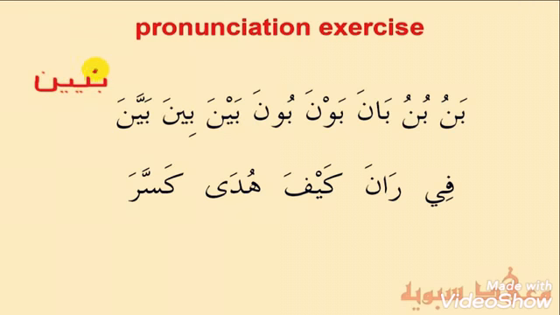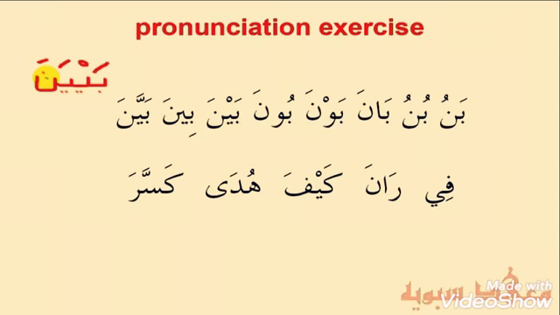So, Bay, Ya, Na. So when there's a Shadda, there's a double letter. The first letter has a Sukoon, and the second has the Harakah that it has, which is here the Fatha. So, Bayyana.